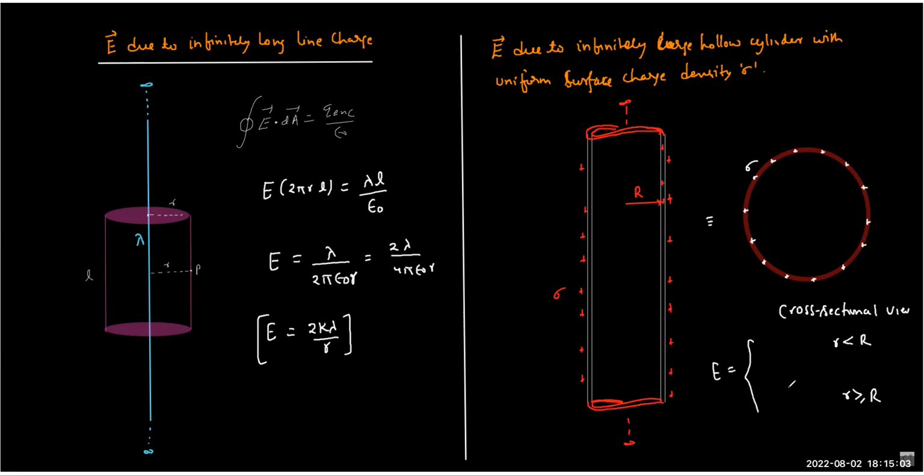You are going to say sigma R by r epsilon naught, like this? Yes, seems to be correct. So anybody else getting the answer? I think this is the right answer.